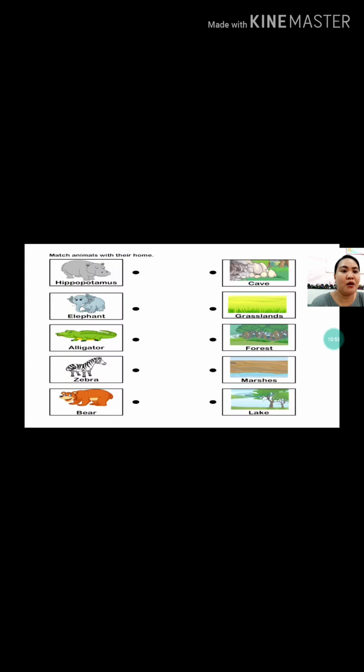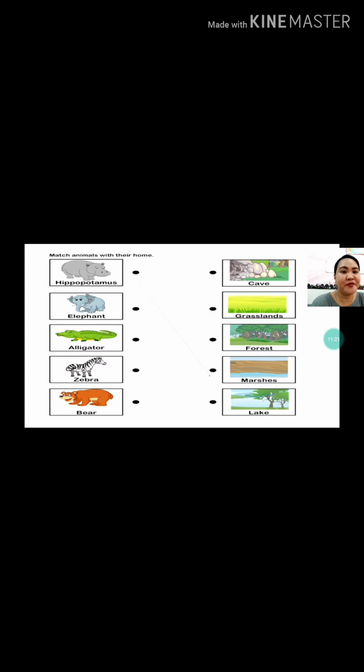Next, I have here some animals and their habitats. We're going to match them, or put an arrow to show which animals go to the cave, which go to the grasslands, and which live in the forest, marshes, and lake. Let's answer.